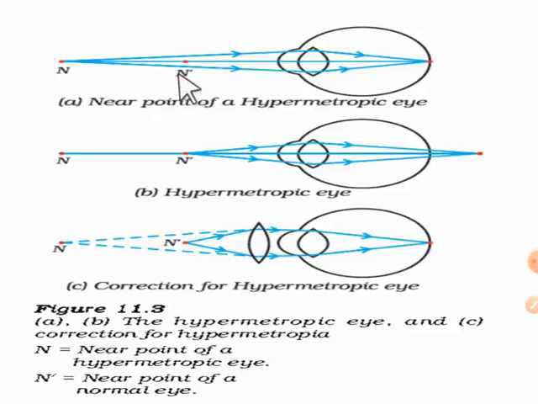That type of defect we call hypermetropia, or long-sightedness, or far-sightedness also. Got it?